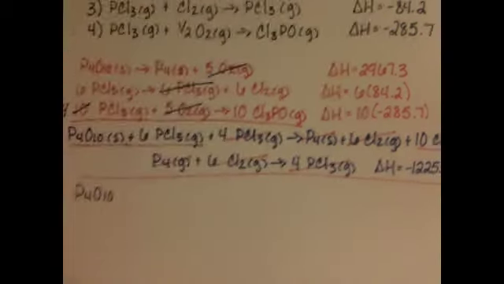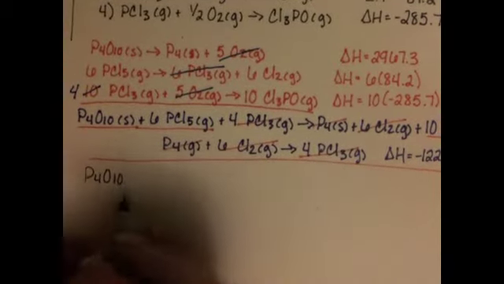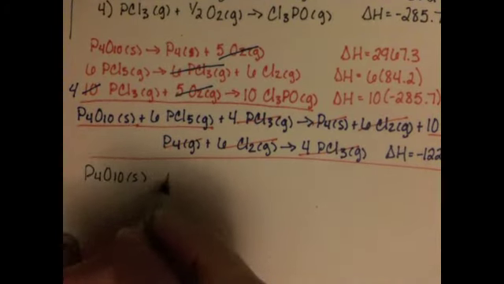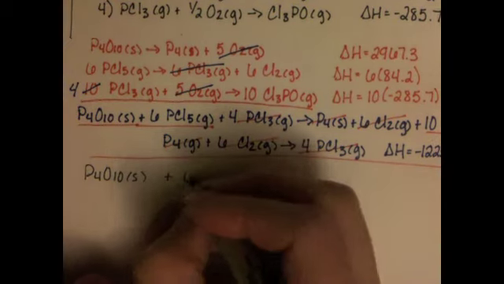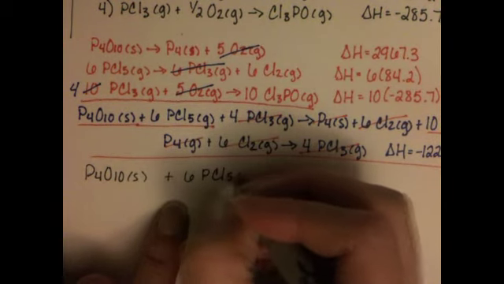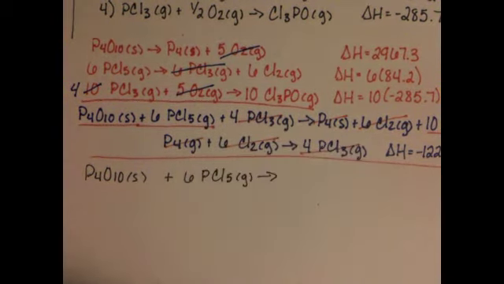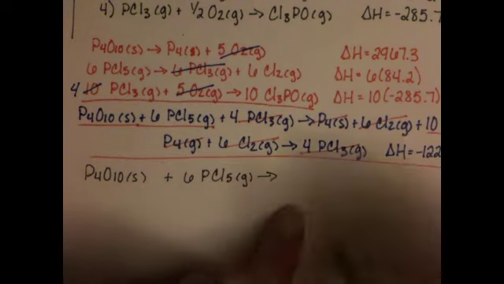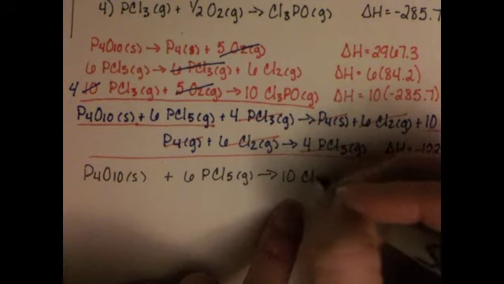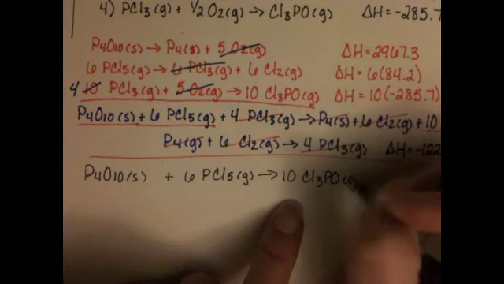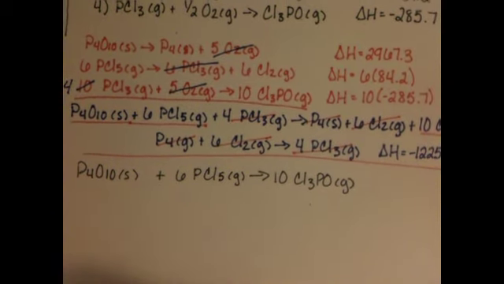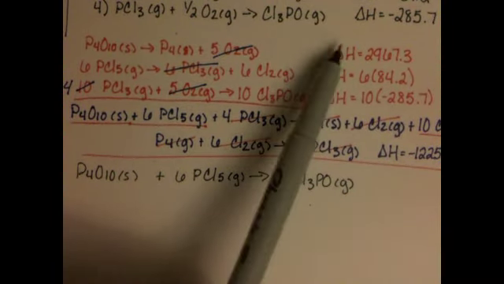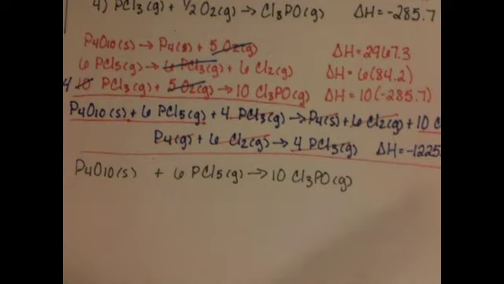P4O10 solid plus 6 PCl5 gas to produce 10 Cl3PO gas, and the delta H for that reaction is going to be the sum of these delta H's that we used to add the whole thing up.